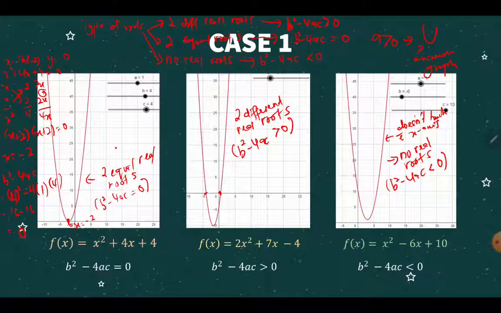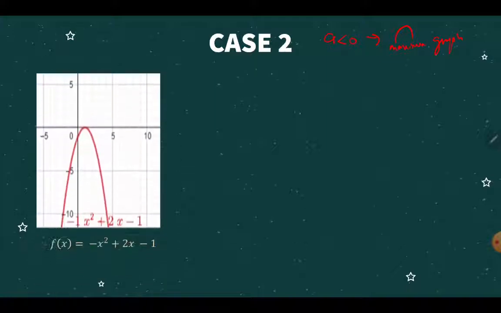Next, case 2. Case 2 is for a less than 0. So the graph will be a maximum graph. Again, let's look at the first graph. The first graph touches the x-axis at one point.